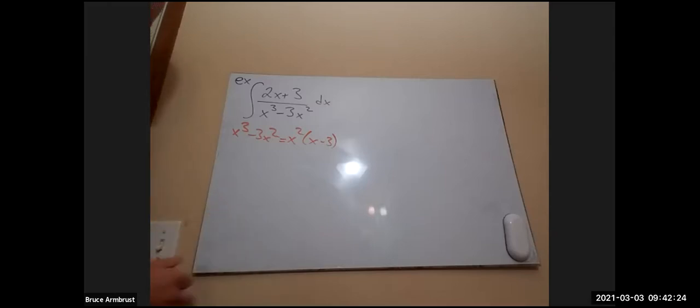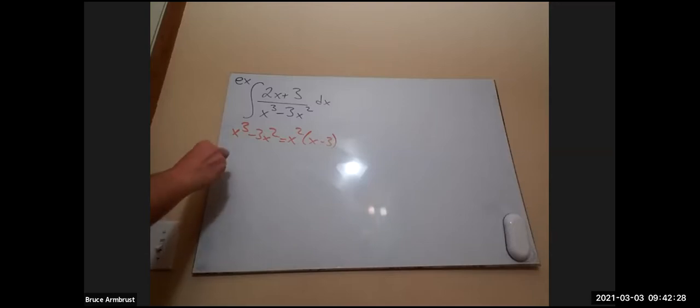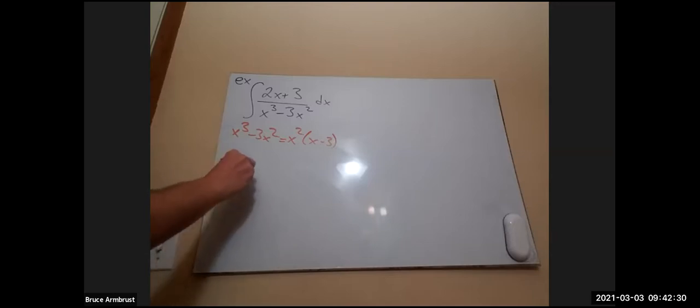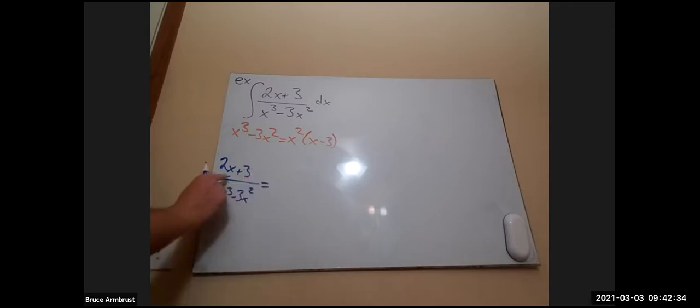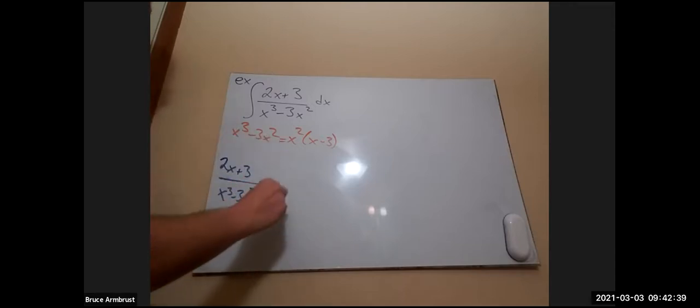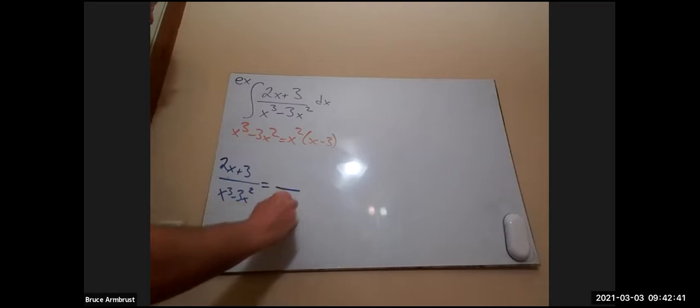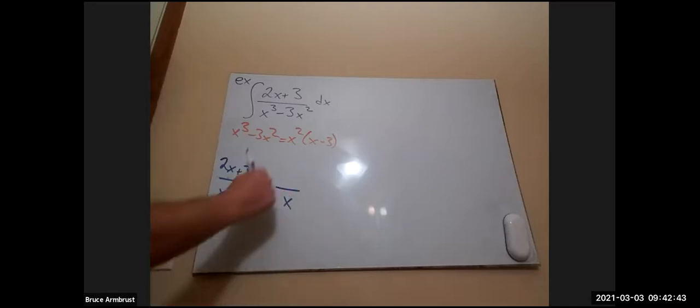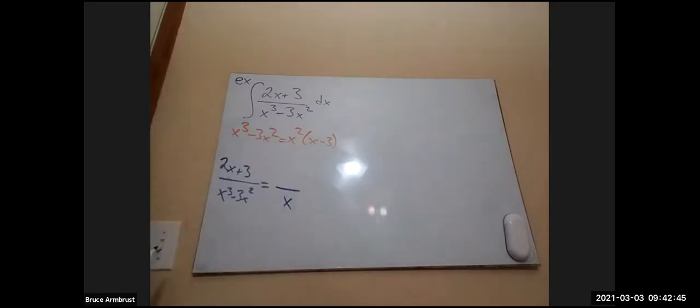So here then is going to be how we break this fraction down. The 2x plus 3 over x cubed minus 3x squared is going to equal. All right, so I've got a factor of x, so I'll put x on the bottom. It's repeated, right?